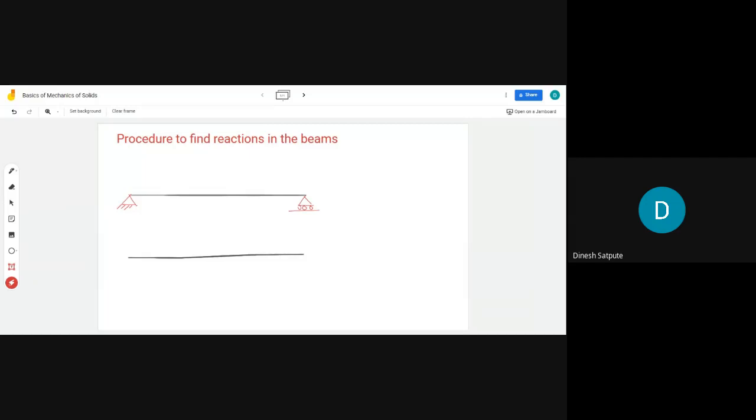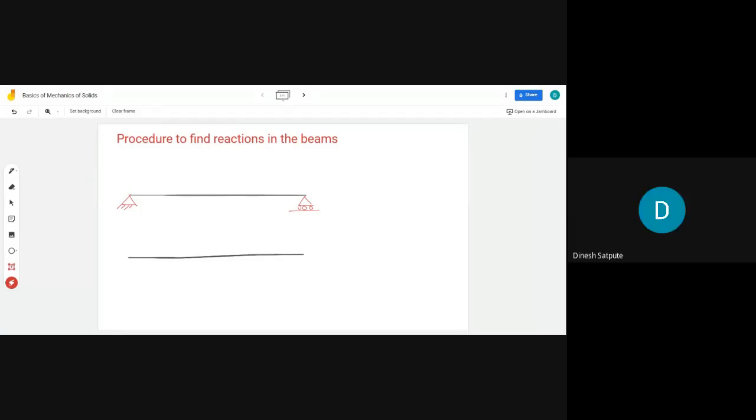You can click on my name, Dinesh Satpute, listed in the people, and click on the pin button, because you might have pinned someone else's screen. That might be the reason you are not able to see it. Do one thing, exit the meeting and rejoin. Deepak, are you able to see the screen now? Yes, sir. Okay, fine.